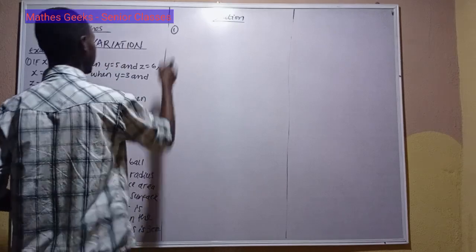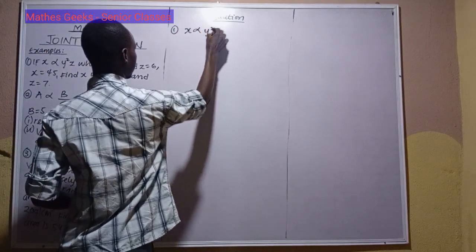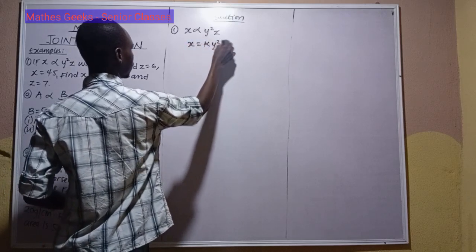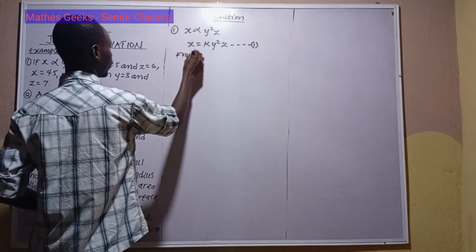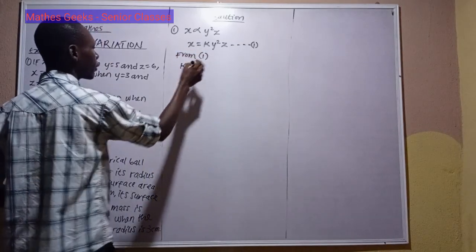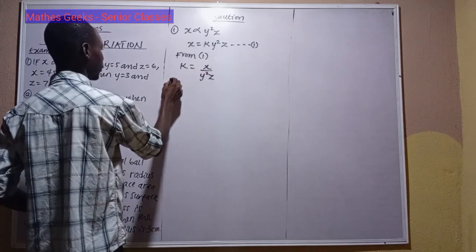If x varies directly as y squared and z, then x is equal to q y squared z. From equation 1, q is equal to x over y squared z.